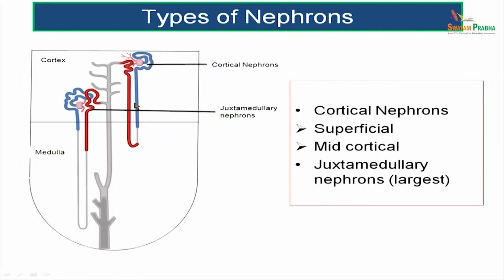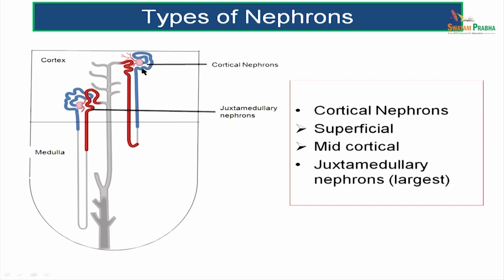Let us look at the types of nephrons. There are two types of nephrons based on their position. One is the cortical nephron, which is again divided into superficial and mid cortical depending upon their position.